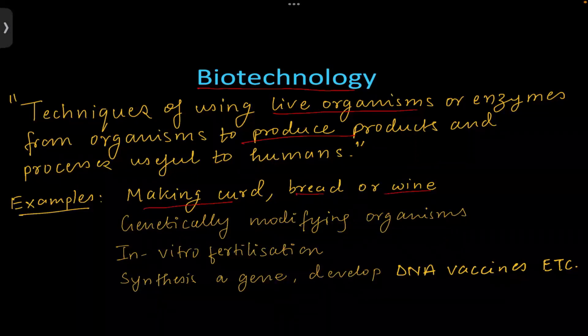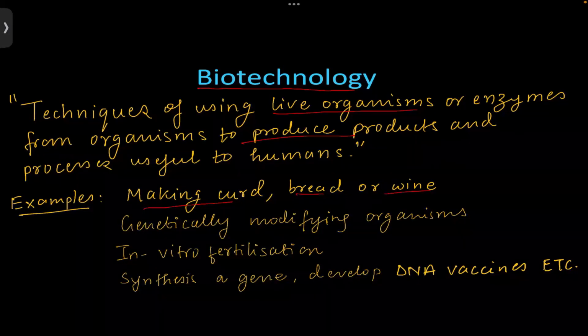All these useful products are made with the help of living organisms like microbes, because these microbes produce certain kinds of enzymes or other proteins. These enzymes actually help us make curd, bread, or wine.